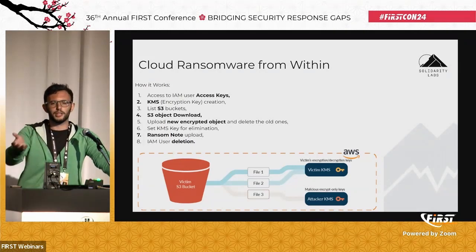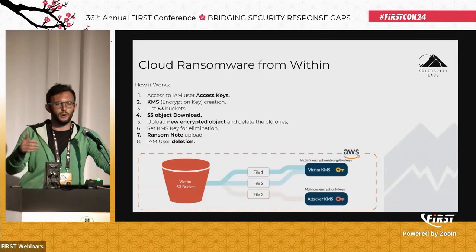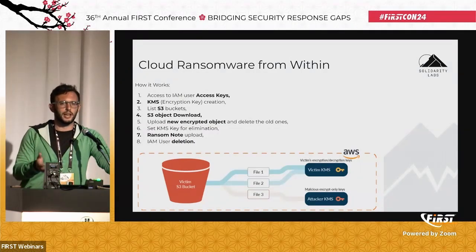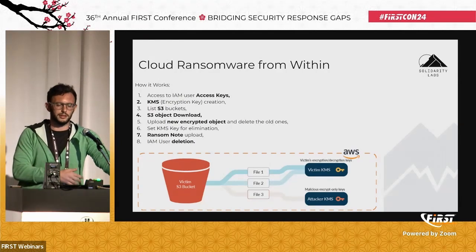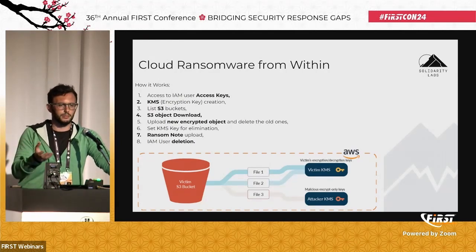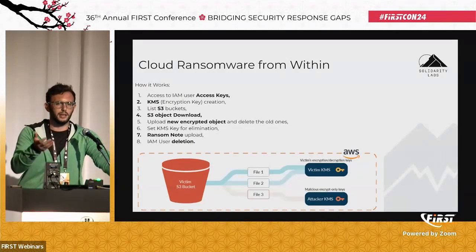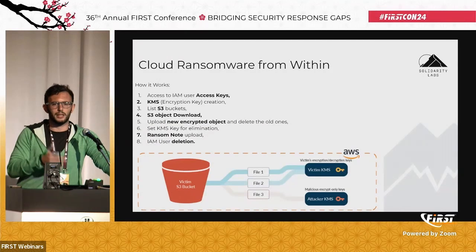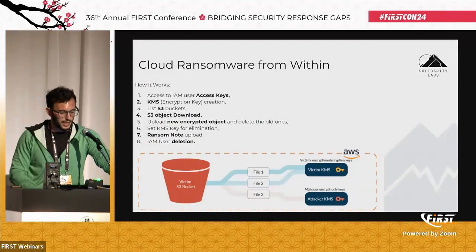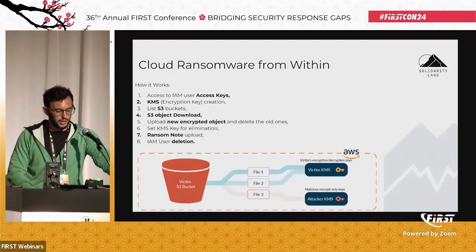Before that, they download the objects if they want, and then they upload the ransom note. There is another version of this kind of attack when they simply delete all the objects. But if you have some insight of what's going on and you see that all the objects have been deleted, you are not going to pay the ransom. At the end of the day, they want you to pay for the process, right?